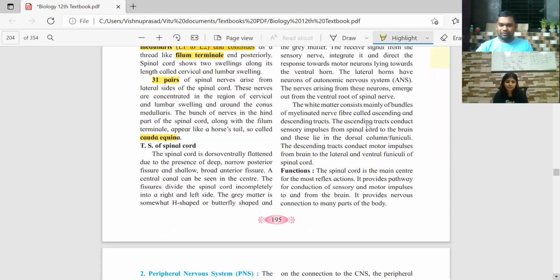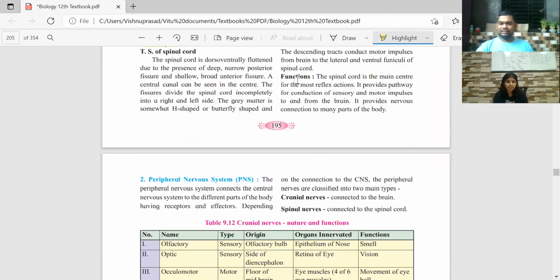When you talk about the spinal cord and its functions, it is the main center for most of the reflex actions. Any action is nothing but a response to a stimulus.